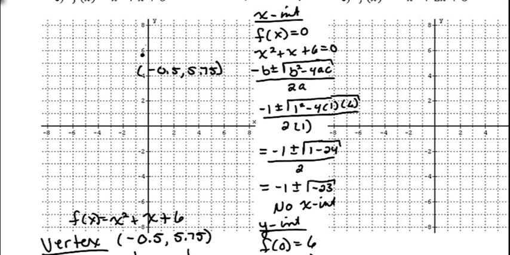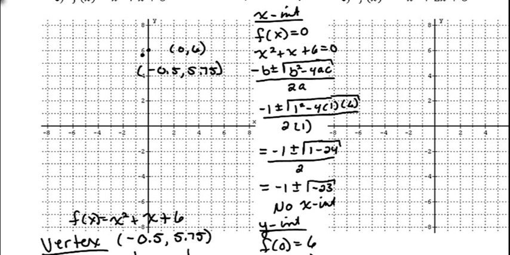And we could use the pattern on this, but I find when we have these decimal vertexes, it's a little bit cumbersome to use the pattern, and so to get the other points, we'll use our intercepts. So we don't have any x-intercepts. Remember, this vertex is above the x-axis and we're opening up, so it will never cross our x-axis. But we do have a y-intercept. That was at the point 0, 6.